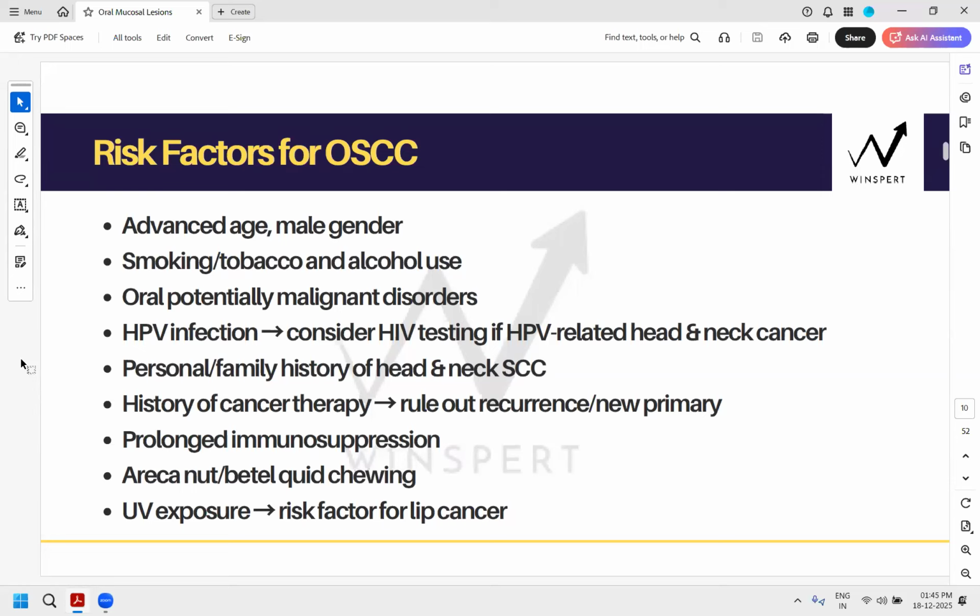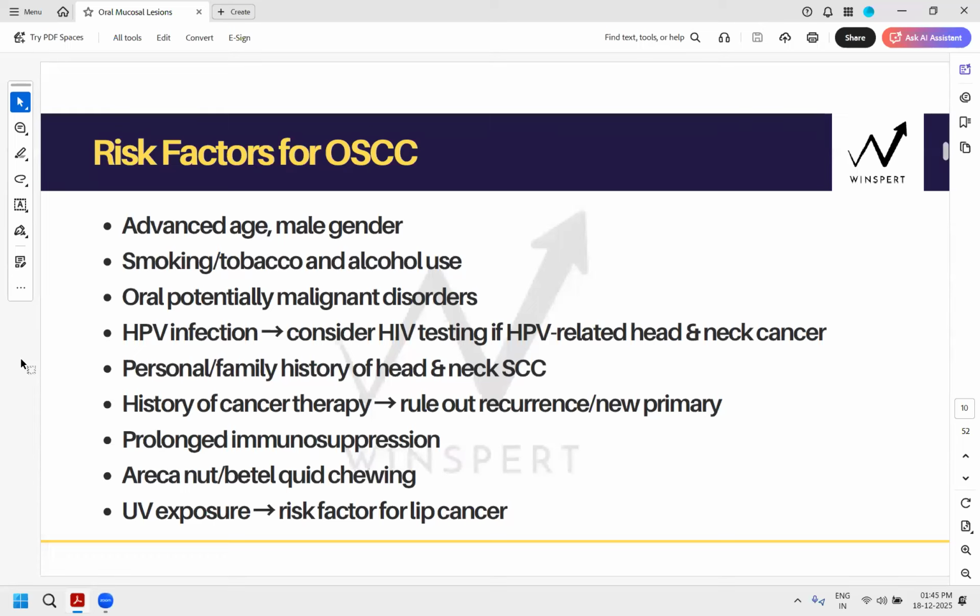So any patient you find HPV related cancer, suppose your patient has oral cancer and upon biopsy the cause comes out that it is HPV linked cancer, in those patients you should also test for HIV. Okay, understood? Any patient who gets tested in biopsy, now the lesion comes out oral cancer, but it is not your standard squamous cell carcinoma. It's an HPV related head and neck cancer.